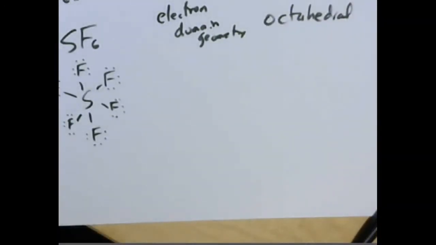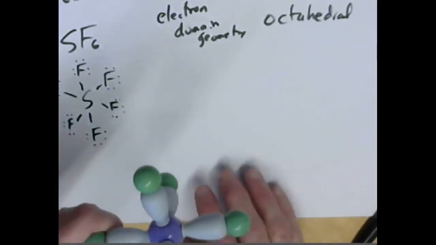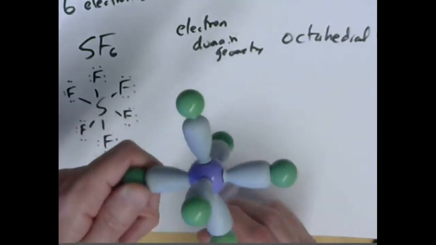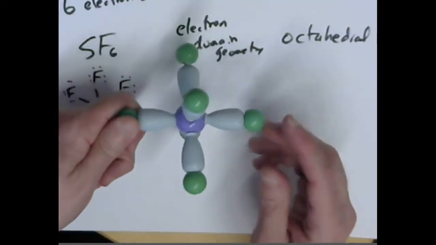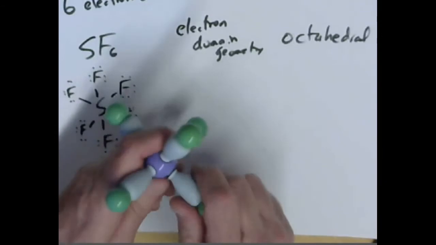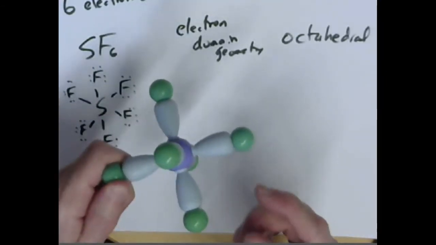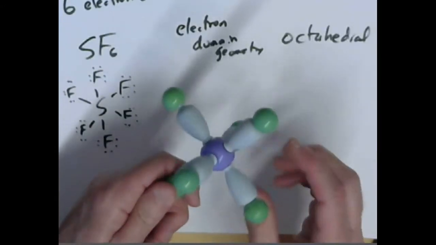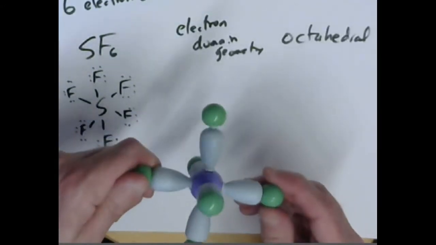Now we've made an octahedron. So this is an octahedral. And so here's my octahedron, and in it, all the bond angles wind up being right angles. They're all 90 degrees.